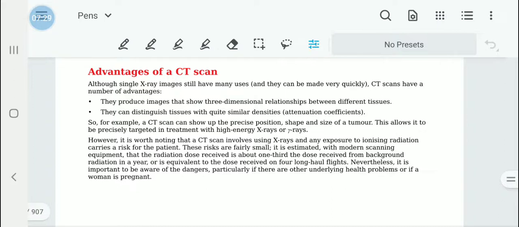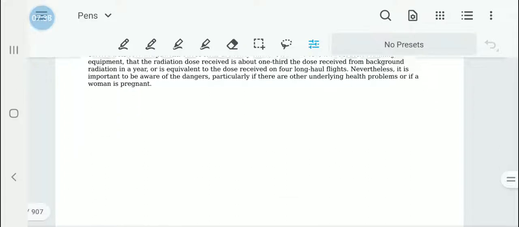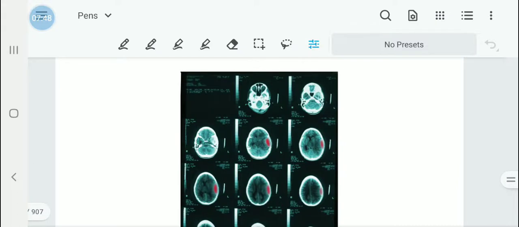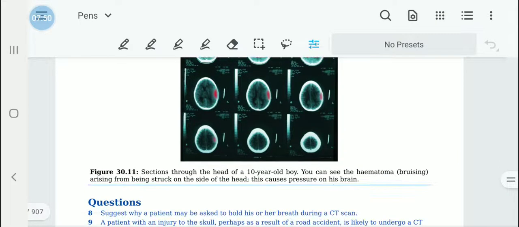It distinguishes between tissues with quite similar densities, within brackets attenuation coefficients. Leave a line and write, however, because CT scans use X-rays, there is a risk of exposure.